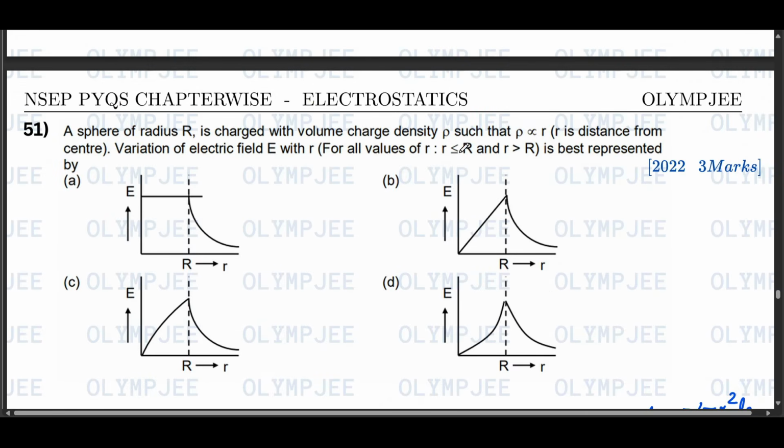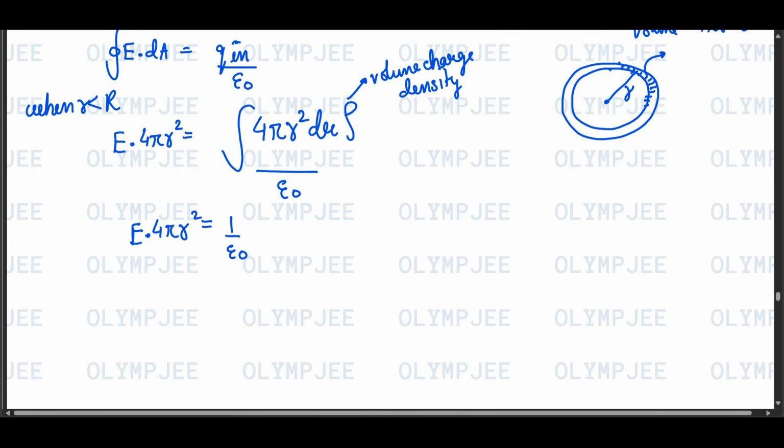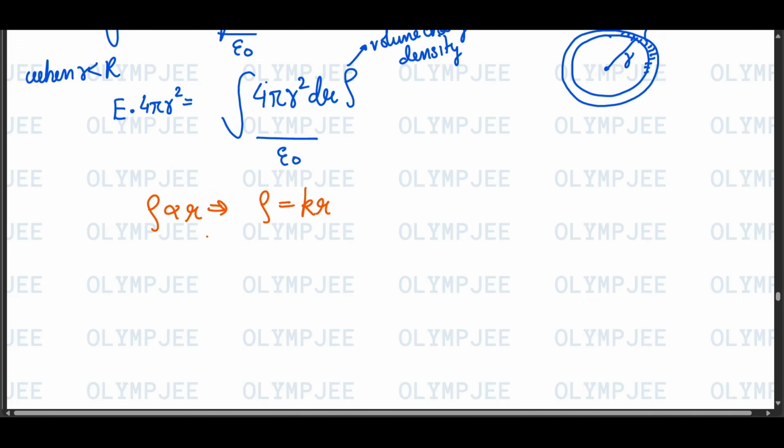and we know that volume charge density was proportional to r, so rho can be written as some constant multiplied by r. So we will get that E multiplied by 4 pi r square is equal to 4 pi r square dr multiplied by kr by epsilon naught.